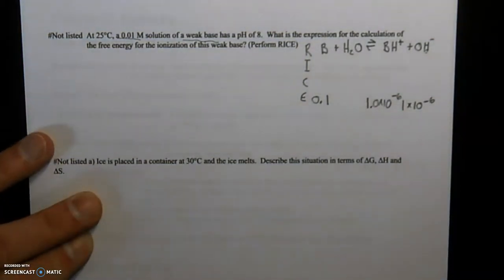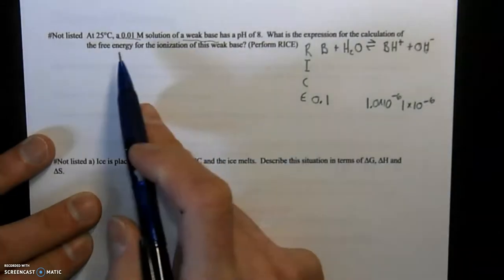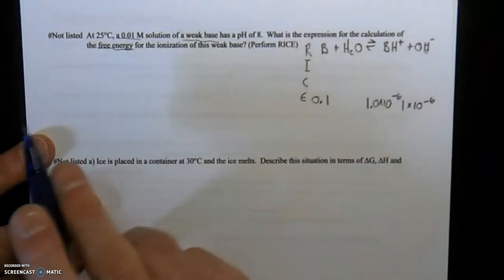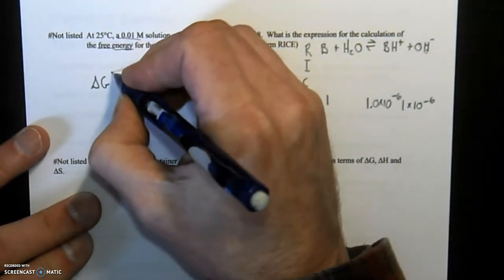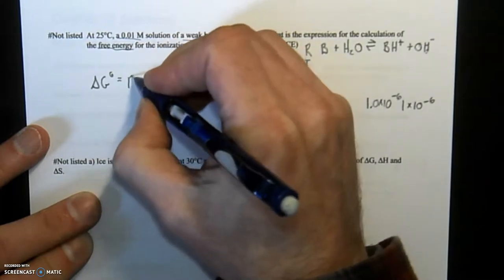All right, so I can use the equation we used previously relating equilibrium, which is where we're at, to delta G. Again, it's asking us to calculate the free energy. We can do that under these standard conditions.